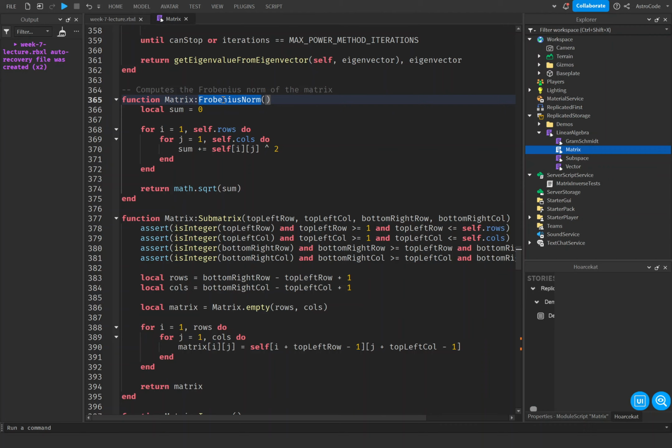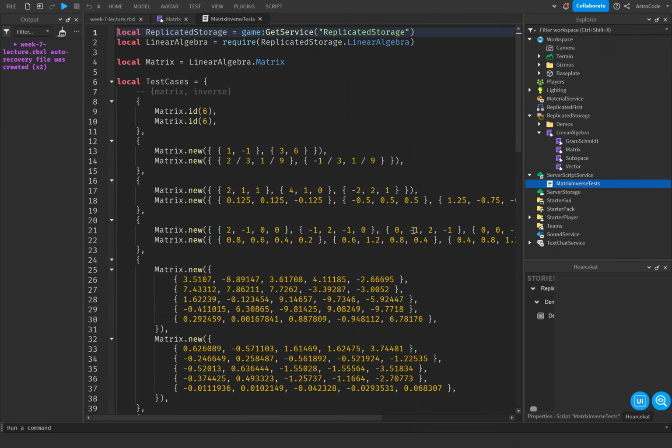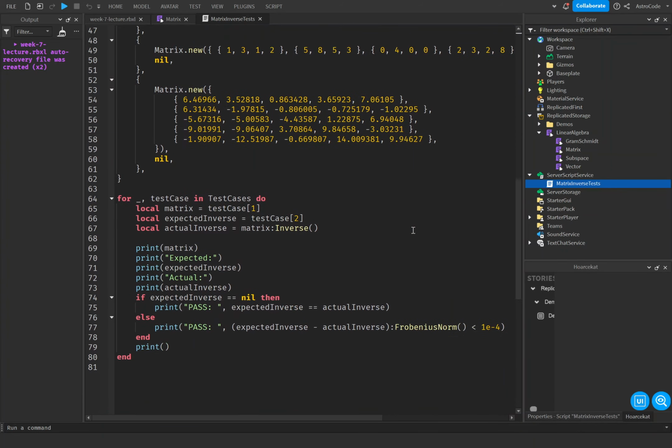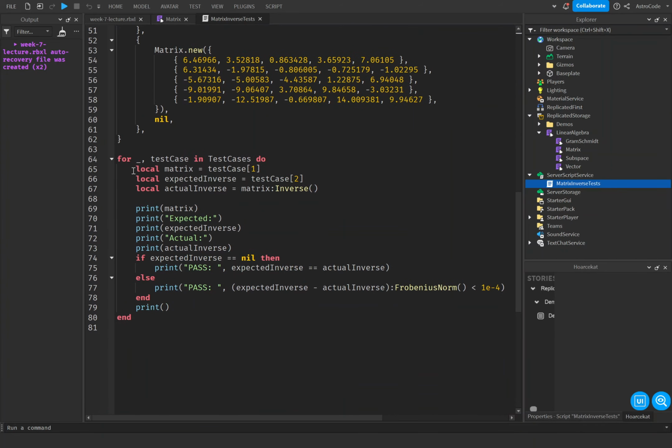And so what the Frobenius norm will let us do in our test cases, we have some matrix, and we have the expected inverse, what we know to be true, and then we're going to compute the actual inverse using our method. And so we're going to use the Frobenius norm to know if our computed result was close to our expected result.